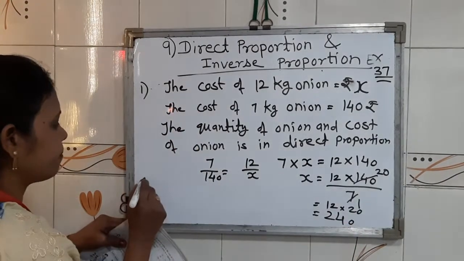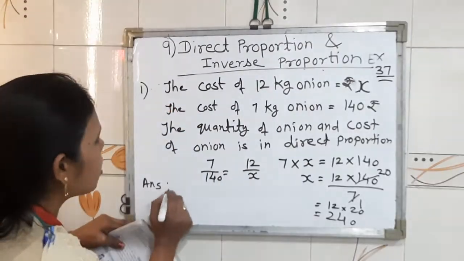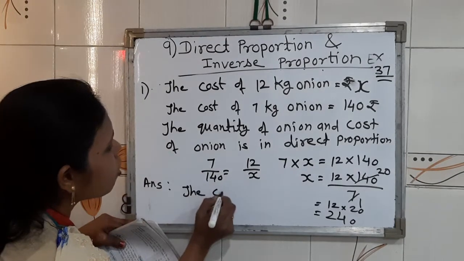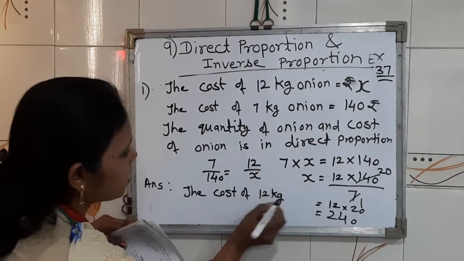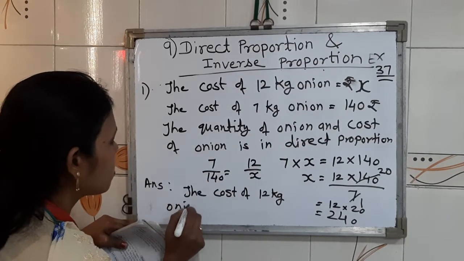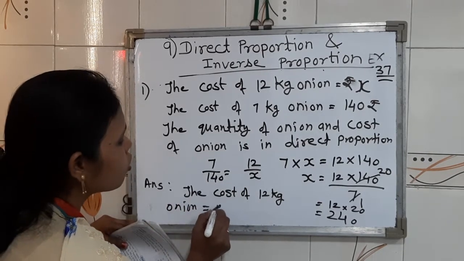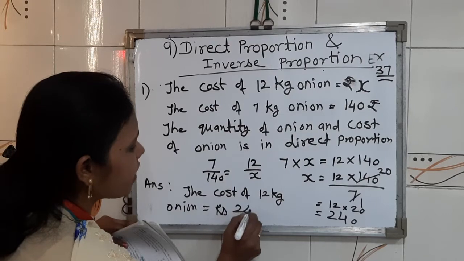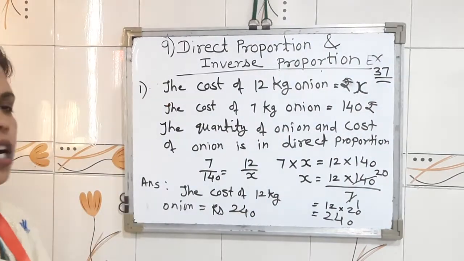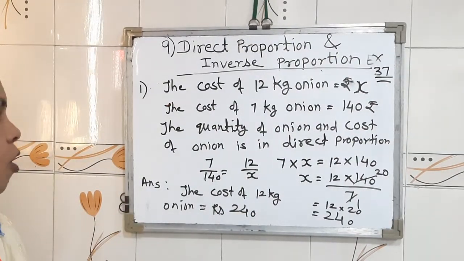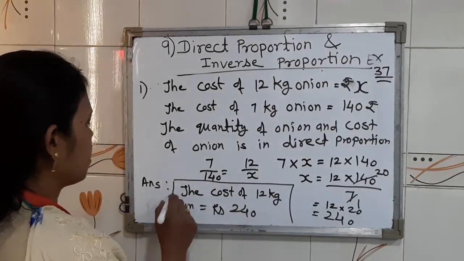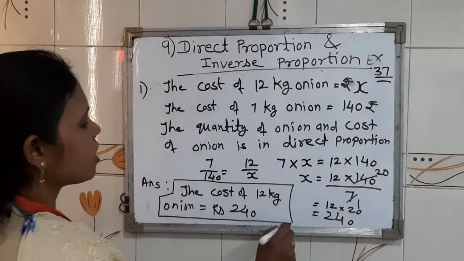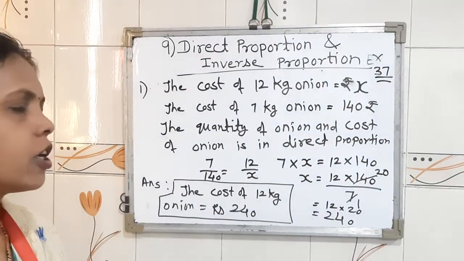Write down the answer: the cost of 12 kg onion equals rupees 240. So children, I hope you understood the direct proportion between onion and the cost of onion.